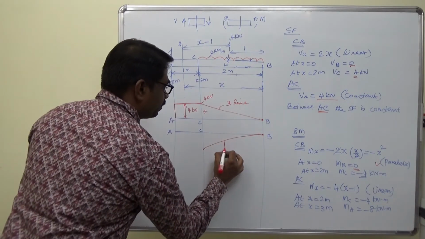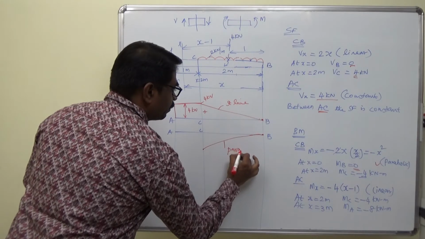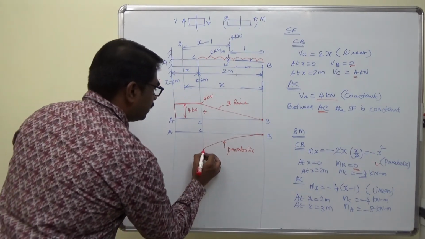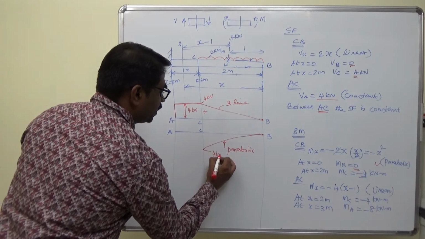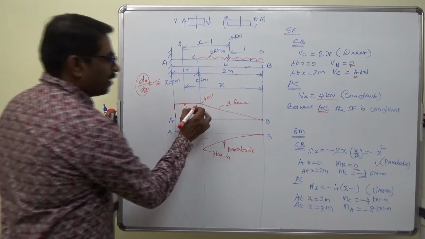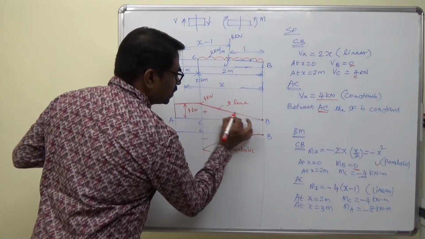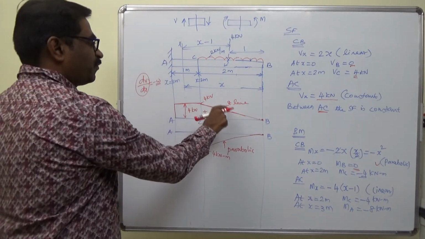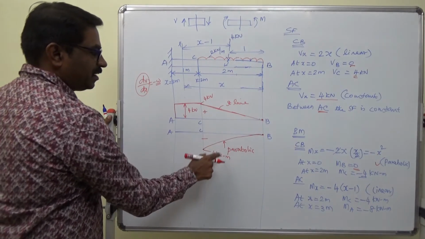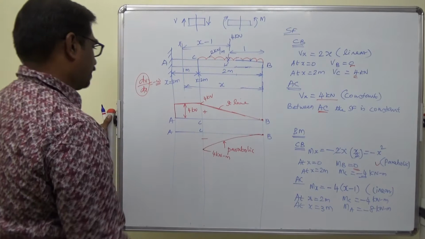So it is a parabolic curve, and the value here is 4 kilonewton meter, it is negative. So when you have a linear variation in shear force, we have a parabolic variation in bending moment diagram.